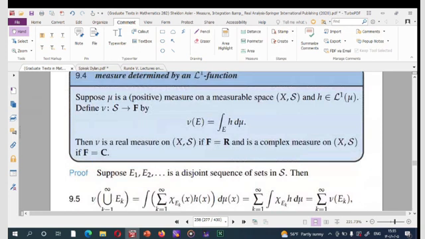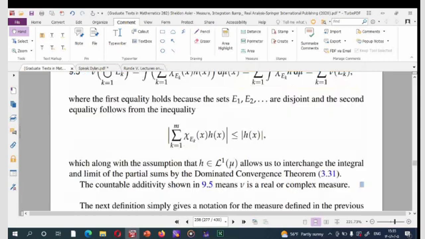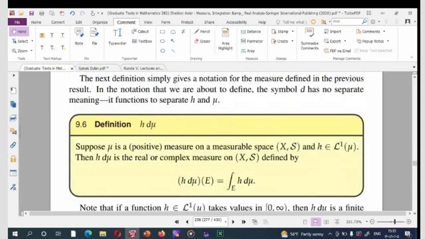Okay, we denoted this mu by this notation. Okay, so that is equal to mu.